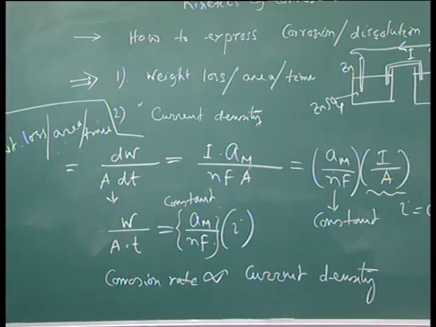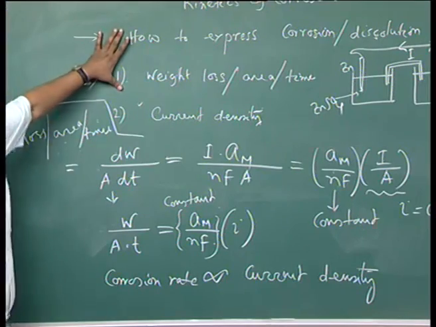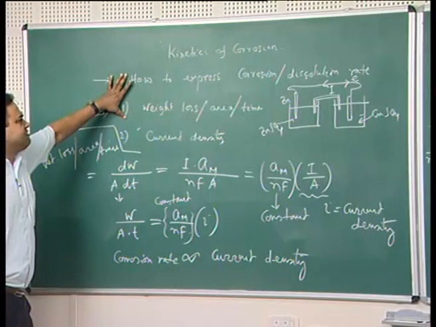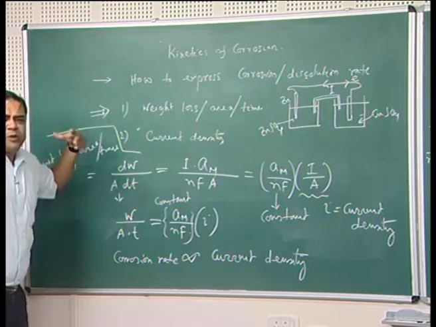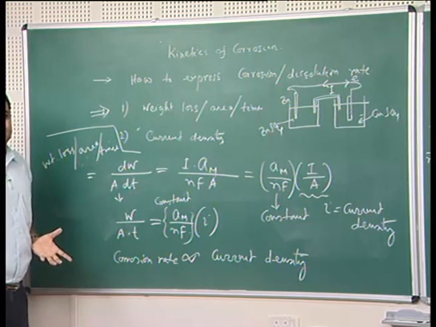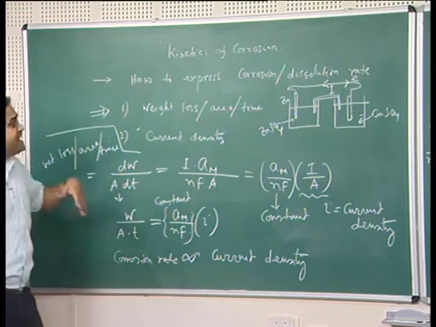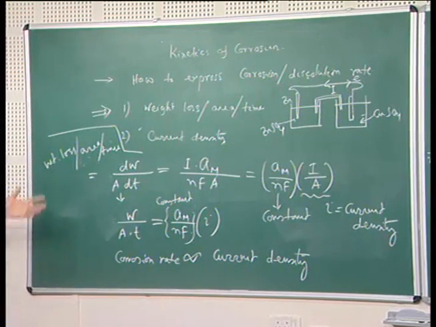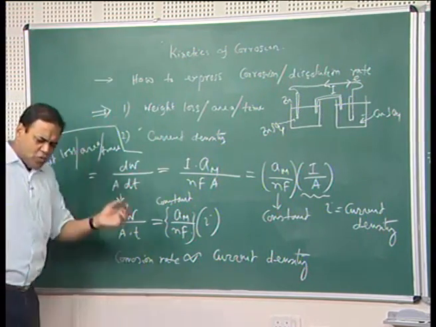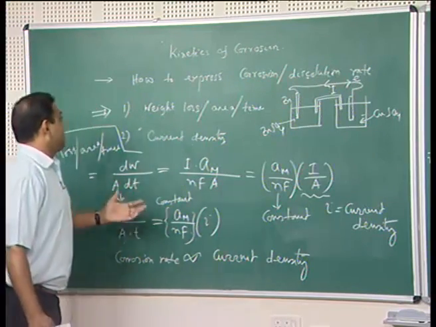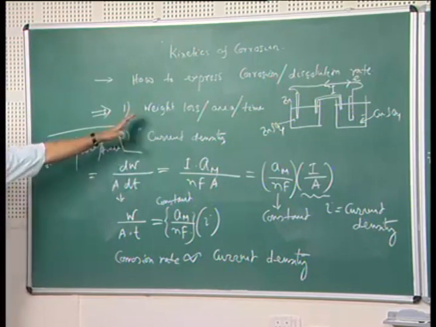So, now if you see these two modes, these are basically the same thing. In one case you find the weight loss, and in many cases you will come across that the weight loss is so marginal that it is better to find out the current density.